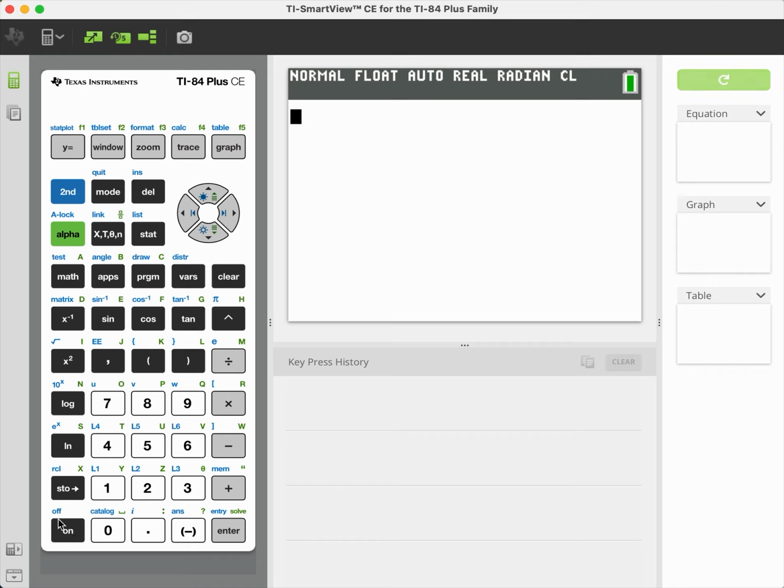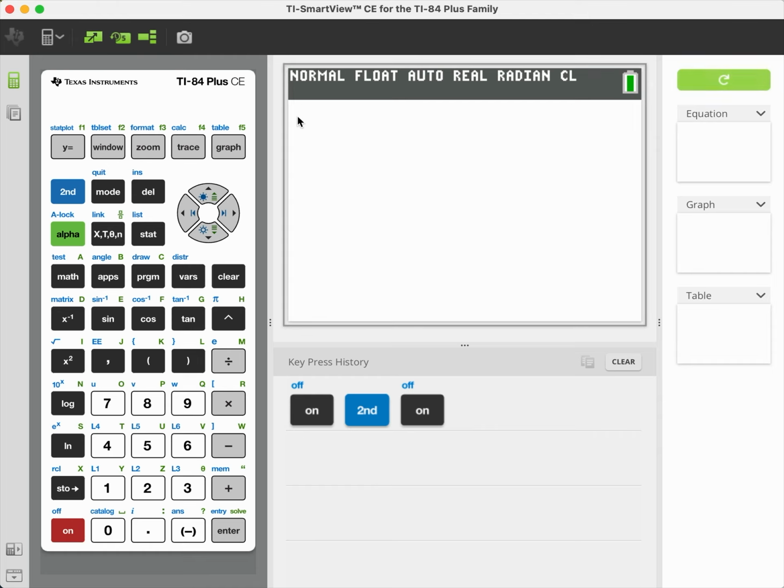So there's the on button down here. And if you wish to turn your calculator off, you'll notice that off is in blue right above on. How do you get those things that are in blue on top of many of these keys? You press the second button and then the on button, and that will have turned your calculator off. Now you'll see that my calculator didn't technically turn off, and this up arrow is blinking here.